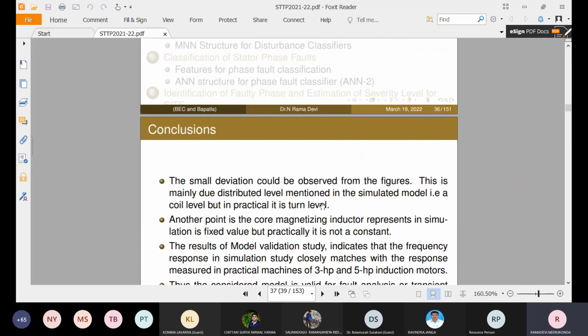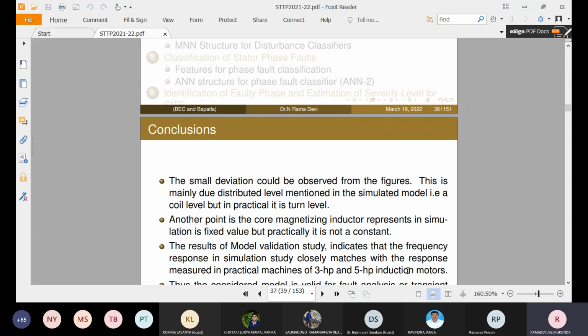So coming to the conclusion of this modeling, the deviations observed from the figures are mainly due to the distributed level mentioned in the simulated model. The distributed level in the simulated model is at coil level, but practically the machine is at turn level.